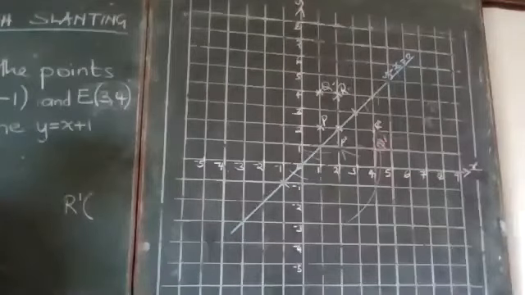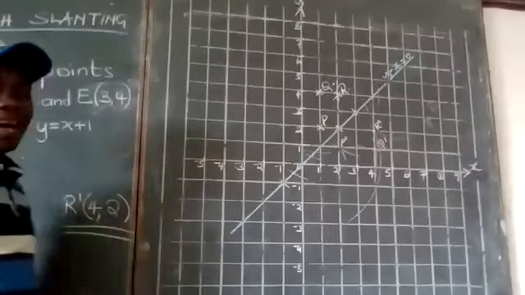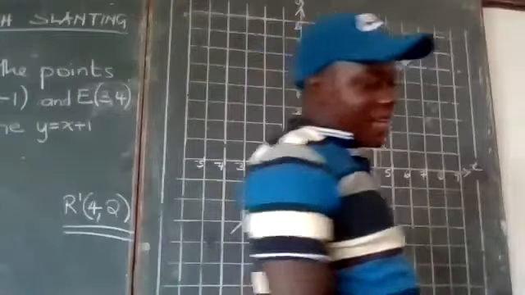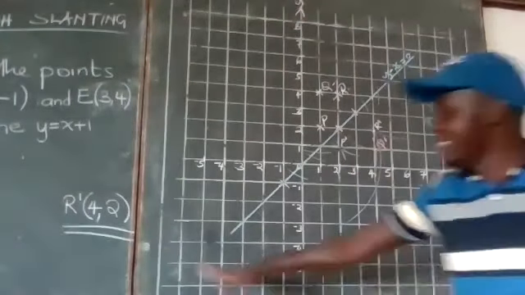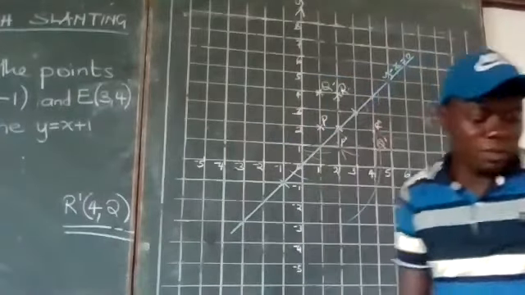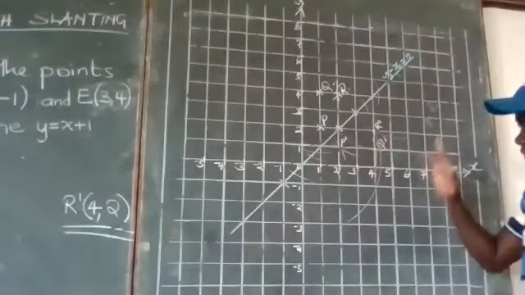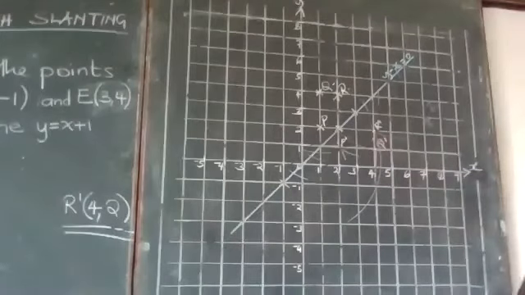R complement. 4, 2. Yes, 4, 2, thank you. Tatiana, it is 4, 2, thank you. So that's very good. And this is the image of R, which we are calling R complement. So that is it. That's number 1.